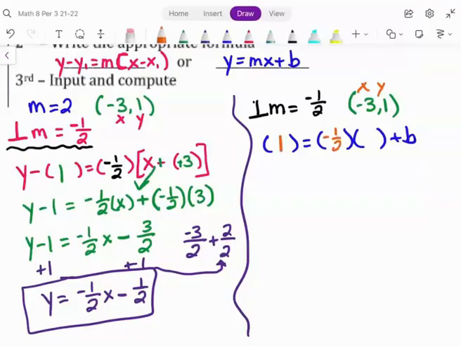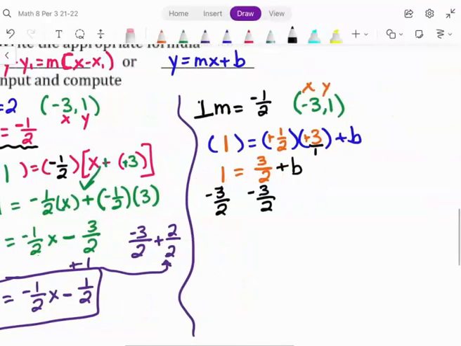My m is negative 1/2, and my x is -3. So I have 1 equals, a negative times a negative is a positive, so it's 3/2. Remember, every whole number is over 1. Plus b. So I'm going to subtract 3/2. Okay, and again, I have 2/2, which was my 1, minus 3/2.